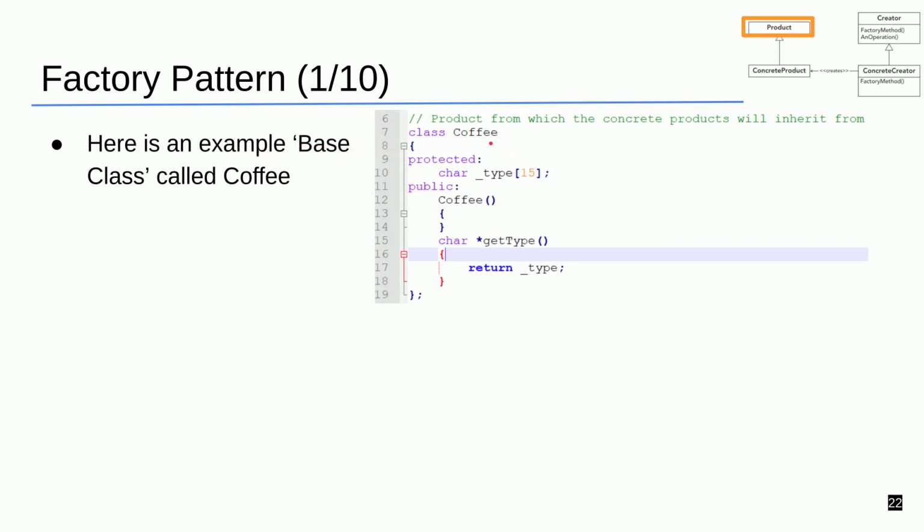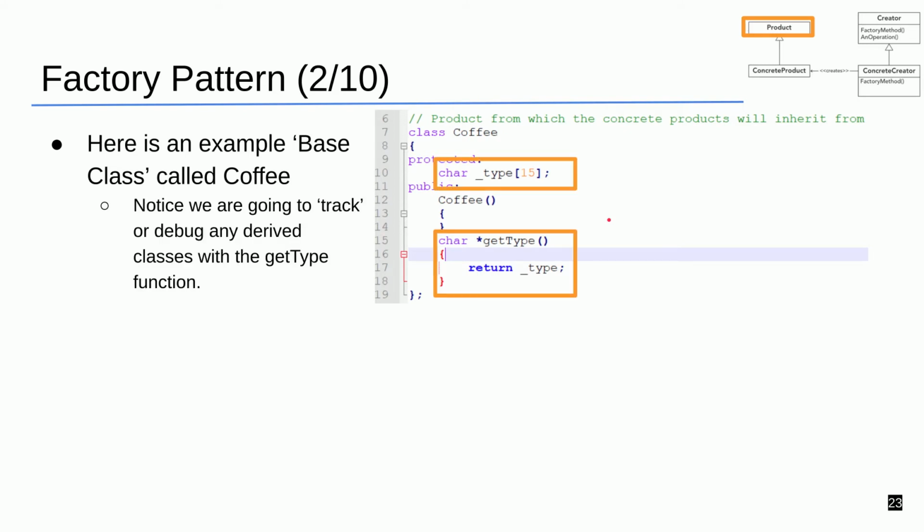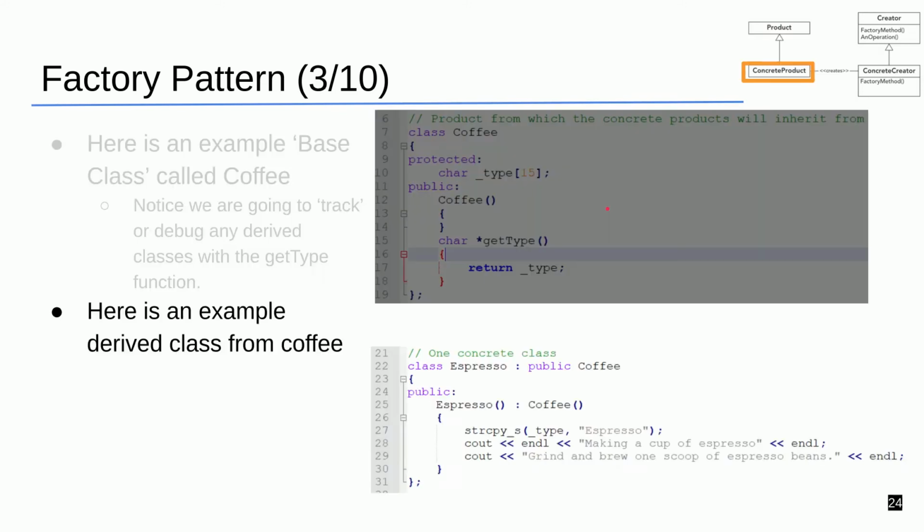Here's our coffee base class, and we could have this return type here. What we're going to do in this class for this example is just return whatever the type is and store that information in the get type function.